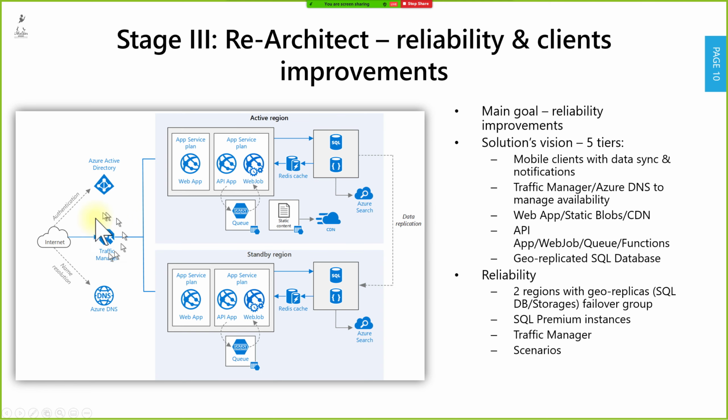And you put Front Door, Traffic Manager, whatever. But if we are talking about one region, and the application is not ready, you don't want to pay for the replicas, or you even can't do this, for example, because of some limitations between UAE North and UAE Central, then we don't need this.